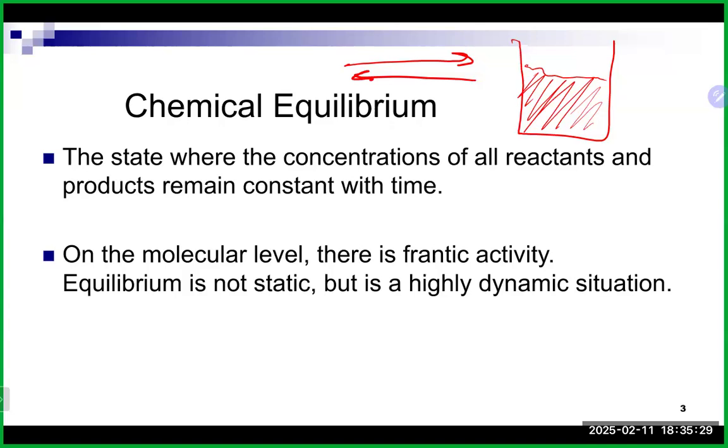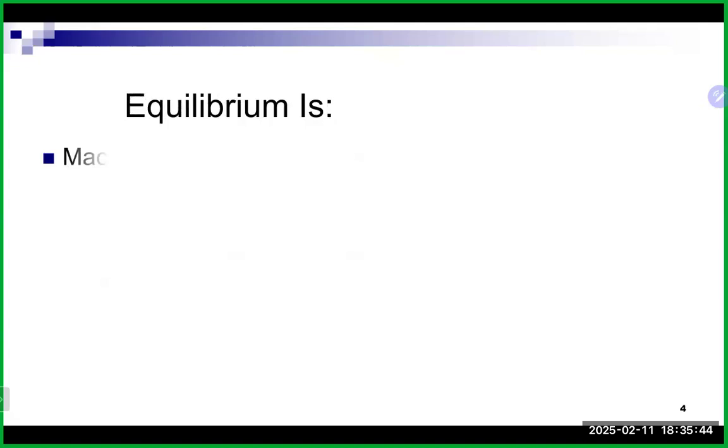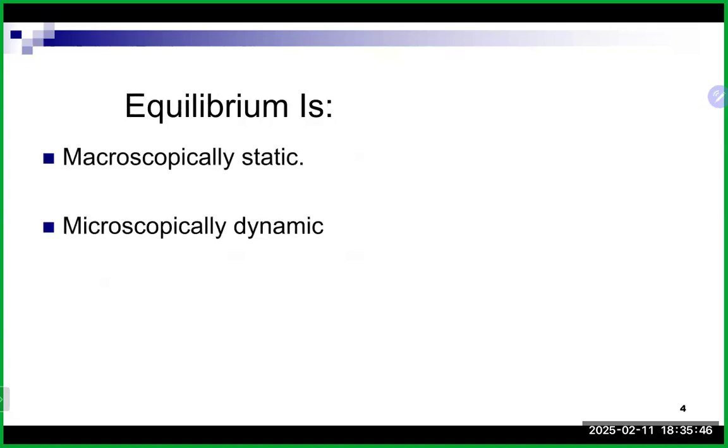So there's a lot of action happening, even though when you look at it, it just looks like it's done, it's over, not much is happening. So that's really important to understand with equilibrium. It is static on the big level, but there is a lot of activity that has to happen to maintain what is going on.